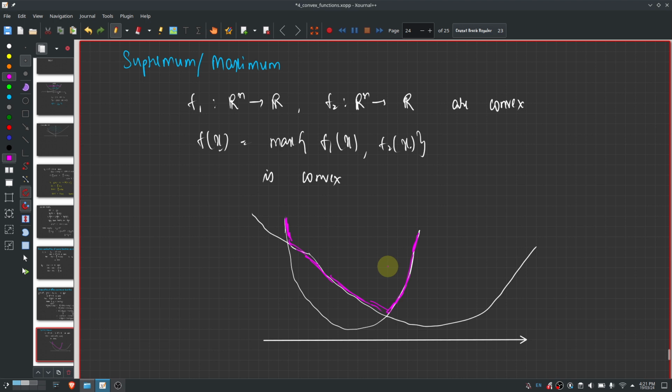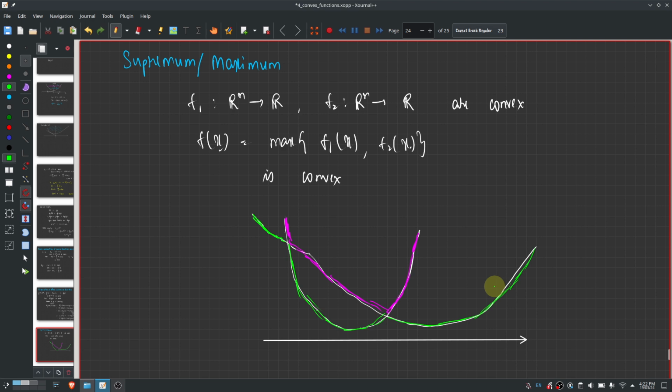But what would the minimum correspond to? That would be the following green curve. At least visually, it looks like the pink curve is convex.